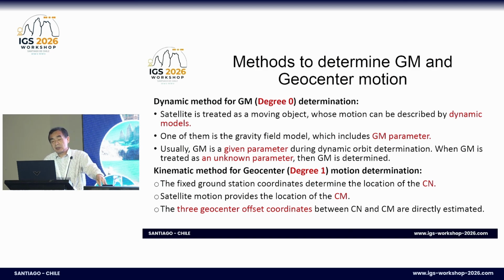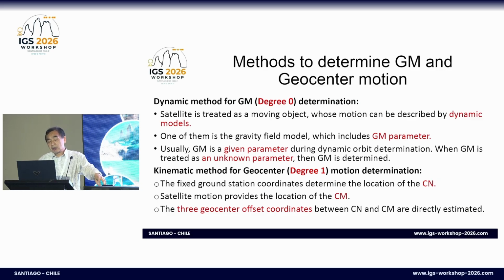One of them is the gravity field model, which includes the GM parameter. When we do the POD, usually GM is treated as a given, known parameter. But when we treat GM as an unknown parameter, then we can determine GM.